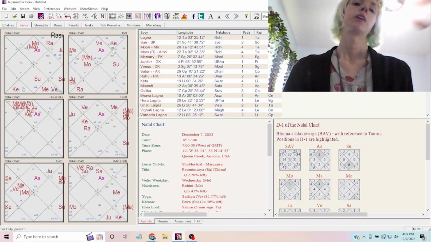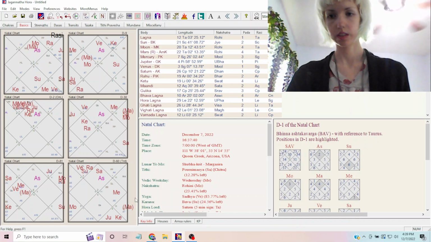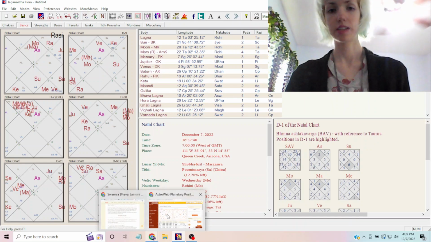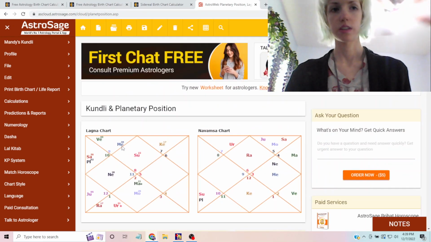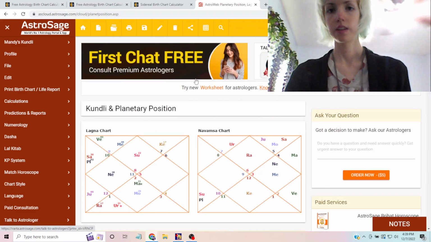So depending on the Ayanamsha you're using, things are going to be different. You need to know, am I using tropical or am I using sidereal? If you're going on AstroSage, it's going to calculate it in sidereal, just letting you know right now.